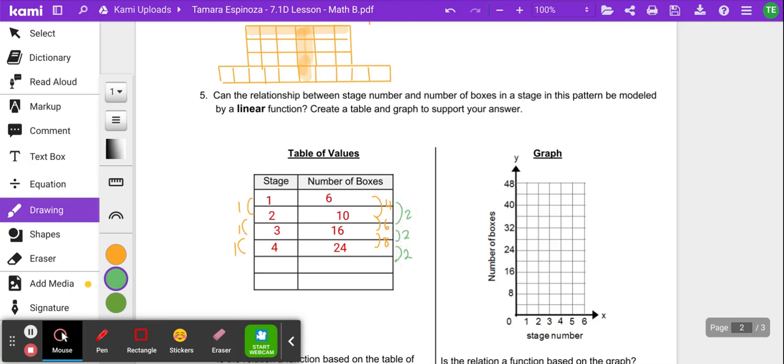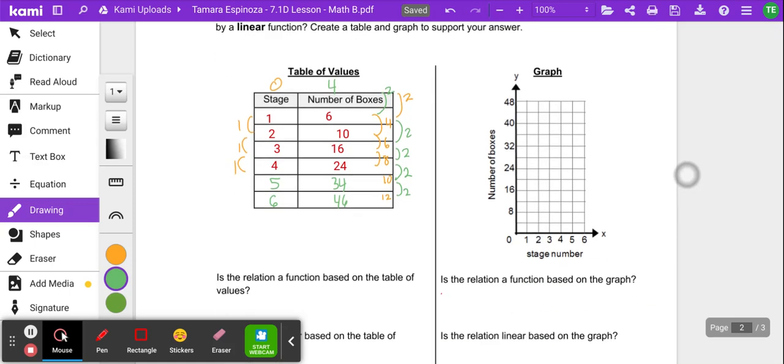So if I went up 2 more, that means I would be increasing 10 more, which put my next stage at 34. Same thing here. If I increase 2 more, that would put me 12 more, which would put my next stage up at 46. I like to know where my 0 is. So going backwards, if I decreased 2 more, that means I added an additional 2 more, which means I'm back at 4. So these ones I kind of have to explore my pattern to figure out what they would be.